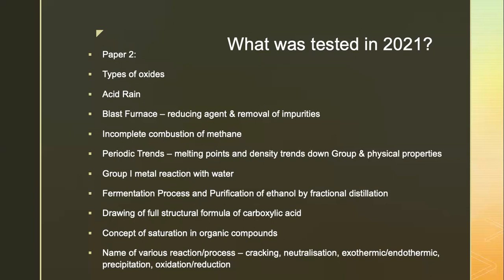The next question relates to the fermentation process to form ethanol from glucose. So students need to show understanding of the conditions and describe briefly how the process comes about.